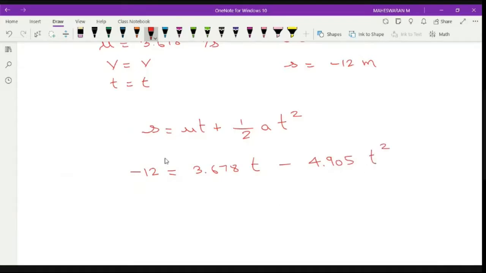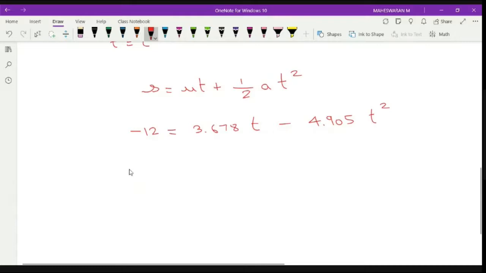Bringing it to the other side, you'll get 4.905 t square minus 3.678 t minus 12 is equal to 0. You have a quadratic equation. So solve this quadratic equation to identify the value of t.